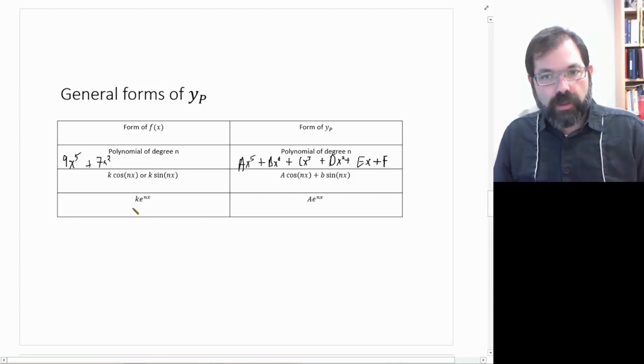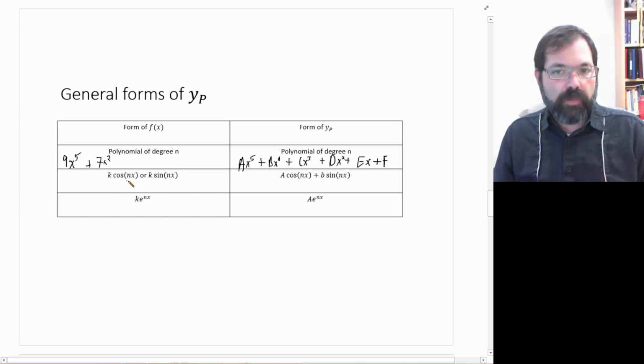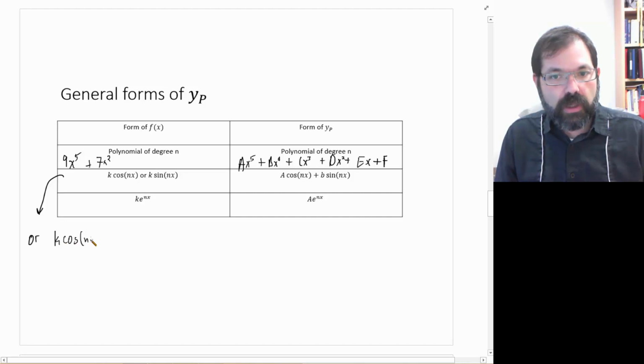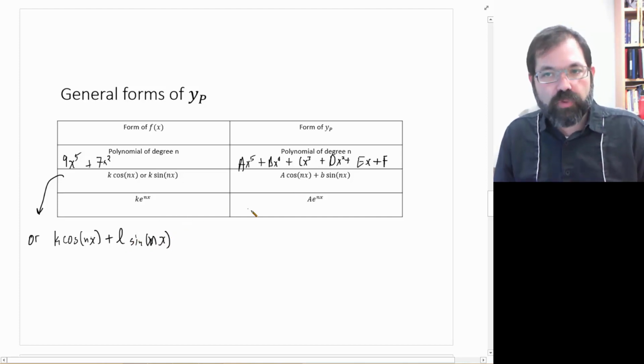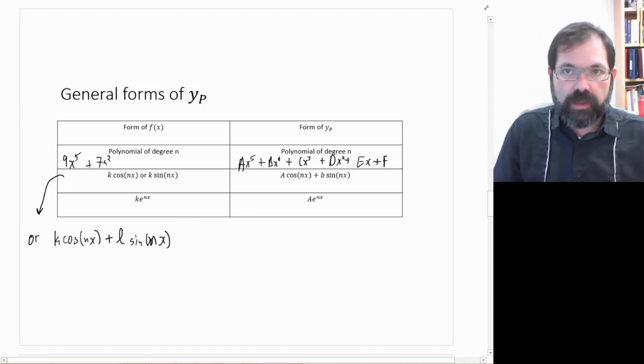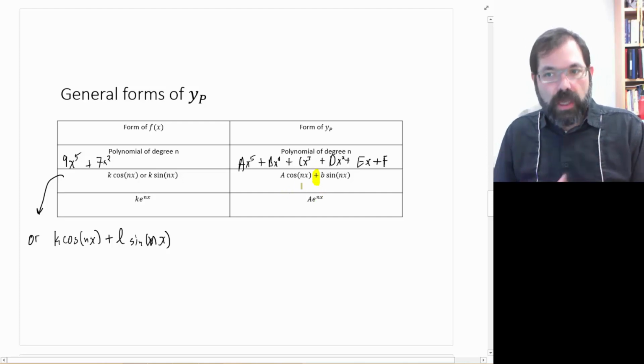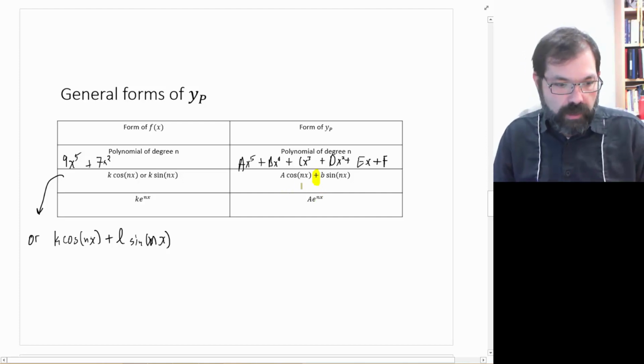If we have an f of x that is of a basic trigonometric form with either a cosine or a sine, k cosine nx or k sine nx, or a sum of those, so if I had something like k cosine nx plus l sine nx, then my assumed form is the sum, and the key thing that some students forget is it's got to be the sum of both of those terms, an a cosine nx and a b sine nx.